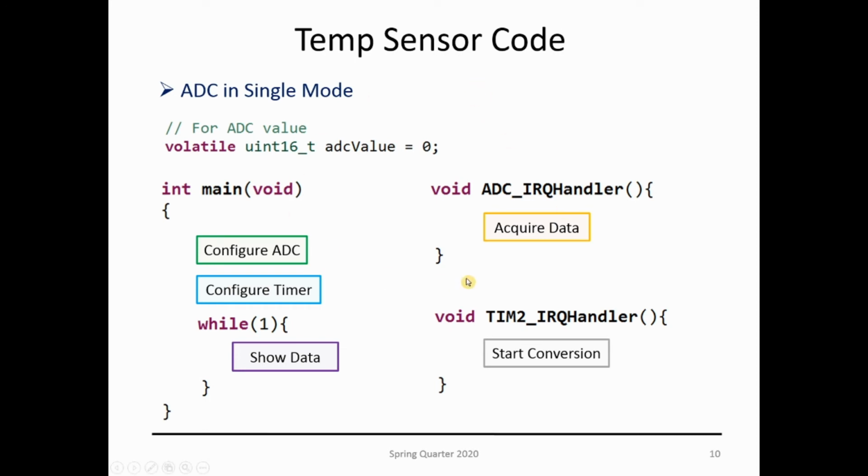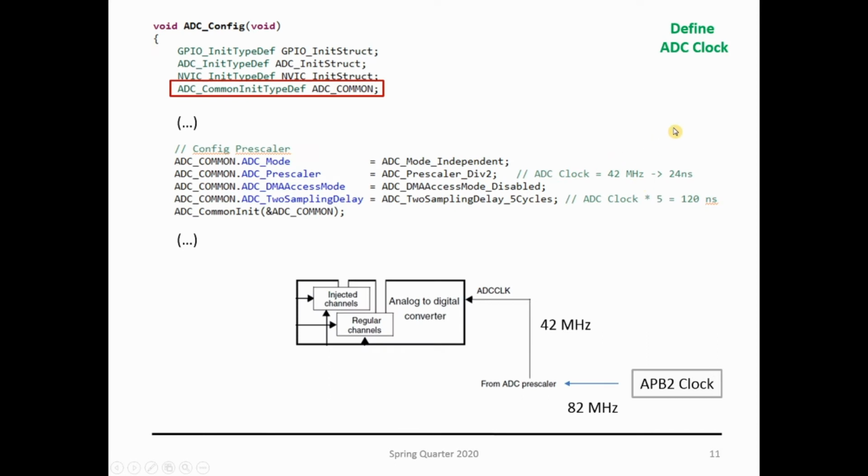The general code does not change much from your timer example from the previous video. You have a main function, you configure your ADC, you configure your timers, you show the data, and you acquire the data from the ADC interrupt, and the timer is just giving a pulse for the ADC to acquire the data. The different part is defining this ADC clock.